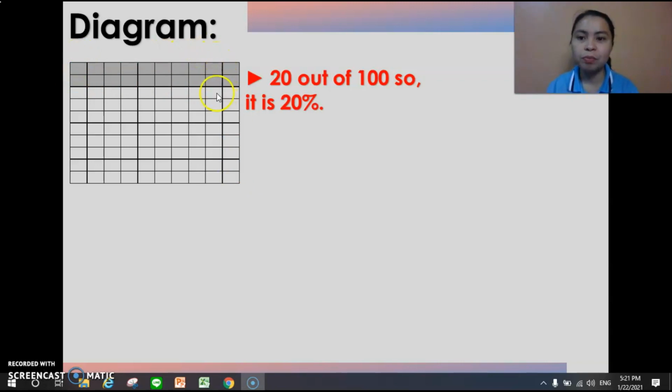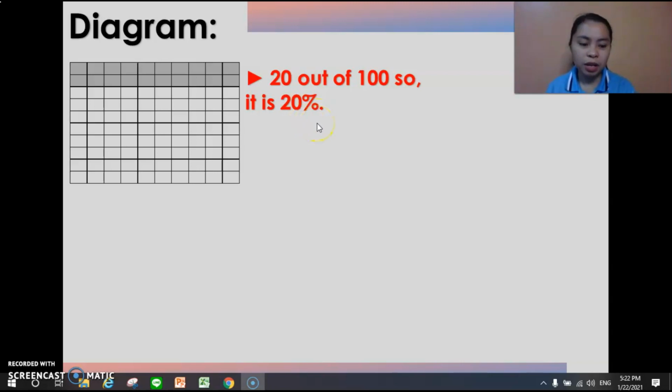So we will count how many squares are shaded. This is 10, and then another set of 10, so that is 20. So there are 20 squares shaded. We can read it in a percentage as 20 out of 100. So in percent, we can say it 20% using the word or the symbol.